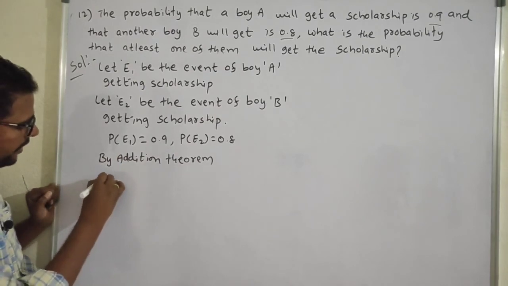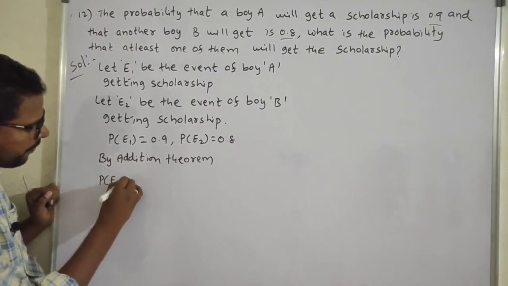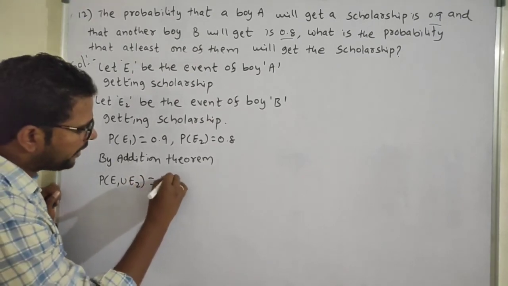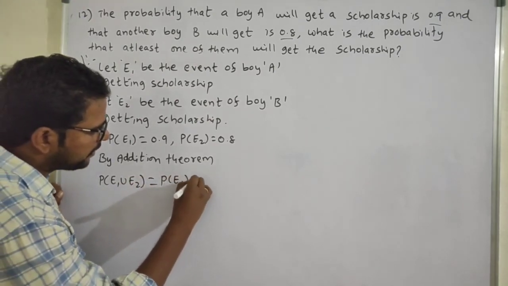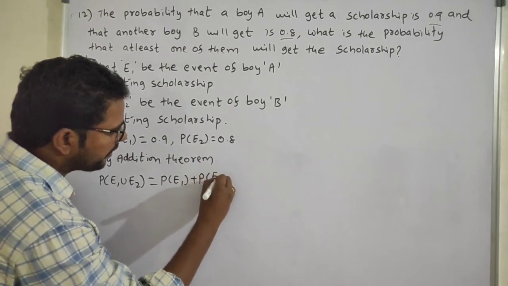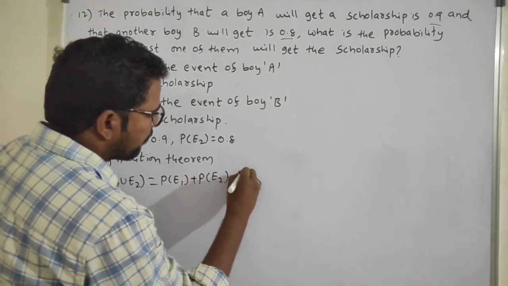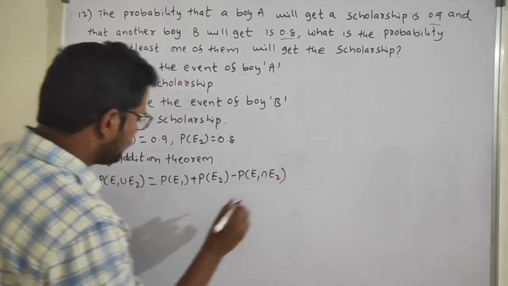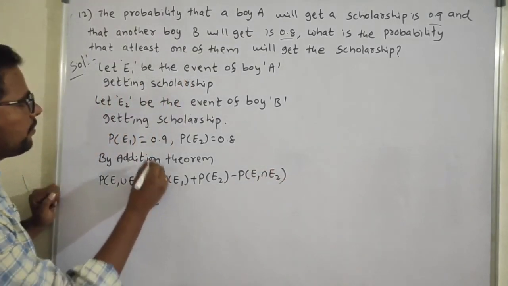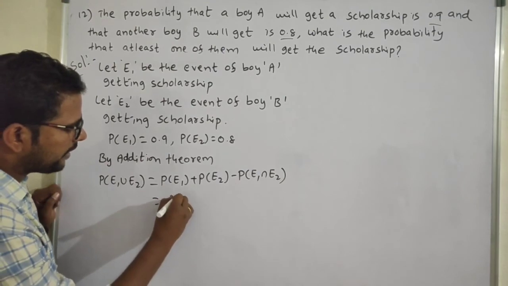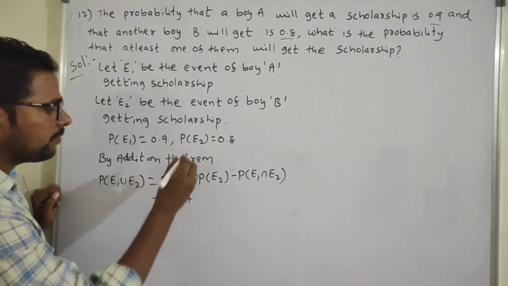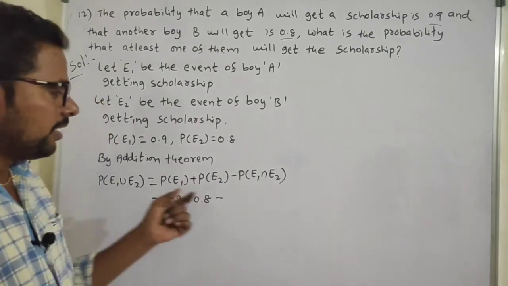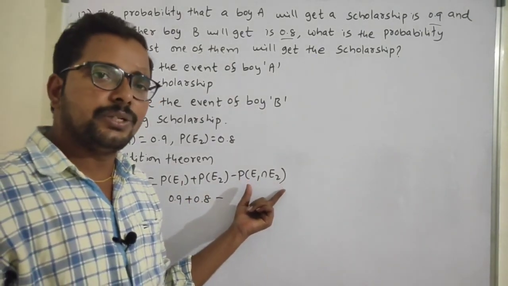P of E1 union E2 is equal to P of E1 plus P of E2 minus P of E1 intersection E2. So P of E1 is 0.9, plus P of E2 is 0.8, minus P of E1 intersection E2.